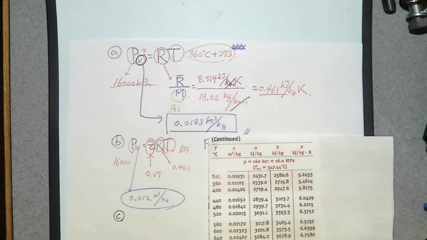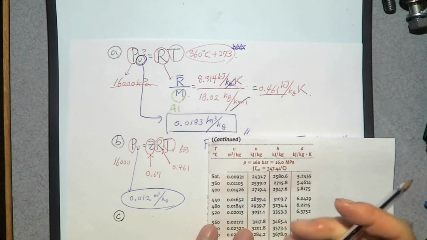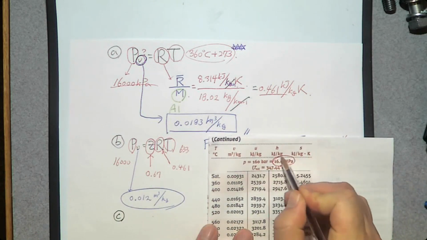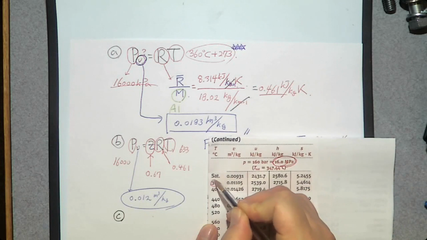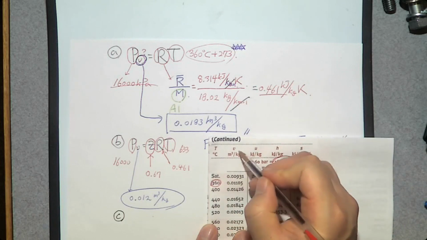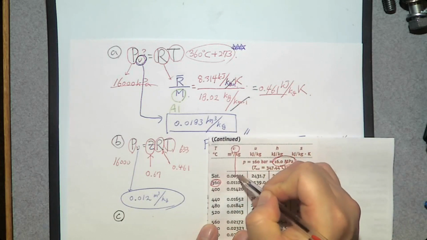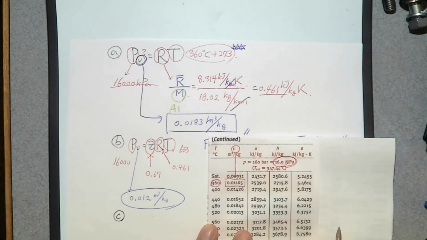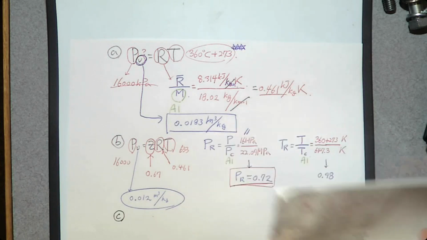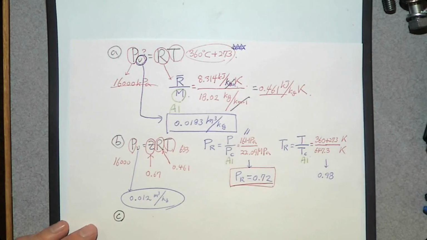Right here: 16 megapascal, 360 degrees Celsius. Specific volume is this number, 0.011. So by using the steam table, which is the most accurate one, 0.011 cubic meters per kilogram.